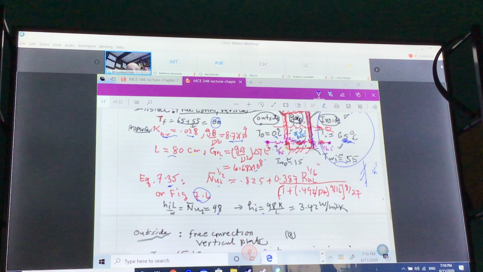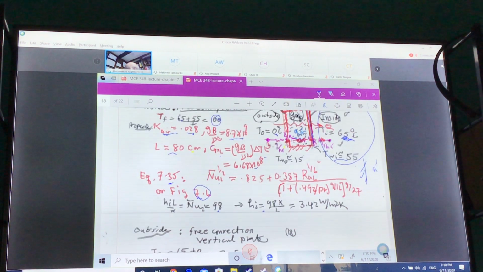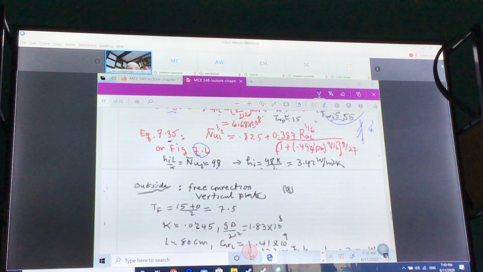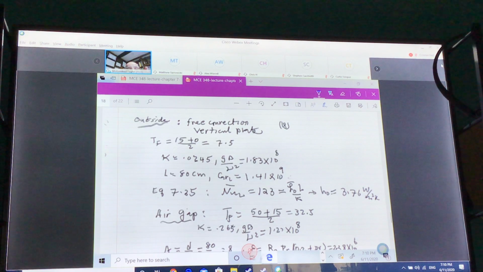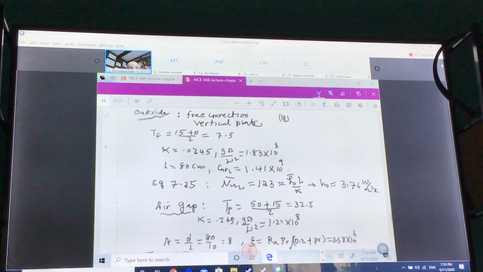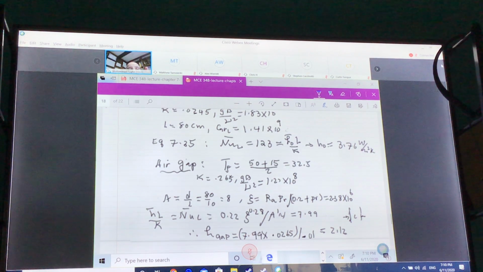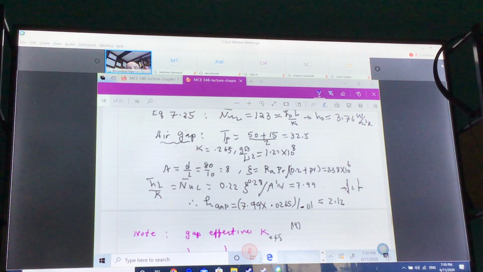Now do the same thing for outside. Assume the outer wall temperature is 15, outside is 0, so the film temperature is 7.5. Conductivity, g beta over nu squared, L, Grashof number. Again, use the same equation, 7.35.